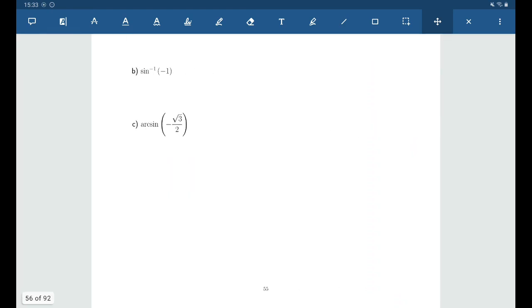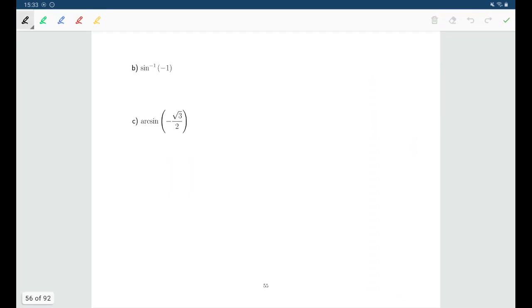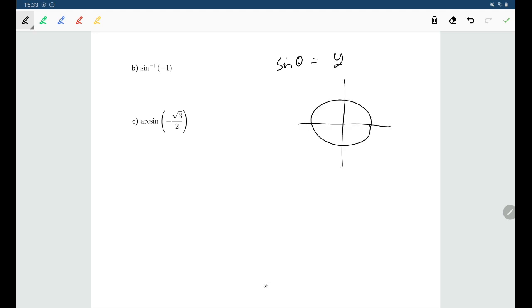In addition to the special triangles, don't forget that we also had sine evaluated at 0, 90, 180, and so on, using the fact that for any angle theta, sine of theta would be the y-coordinate when we're talking about the unit circle. And if you're thinking about where does sine have a value of -1, well, that happens down here.